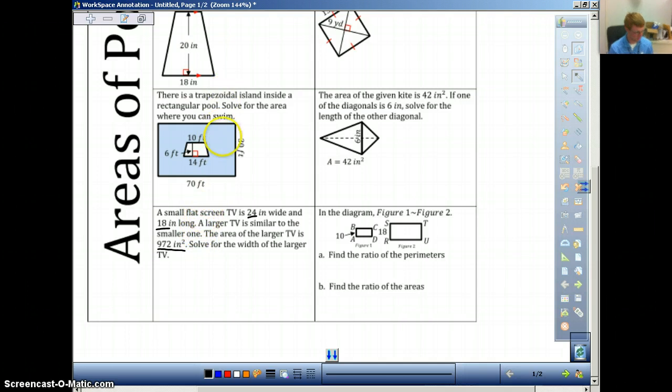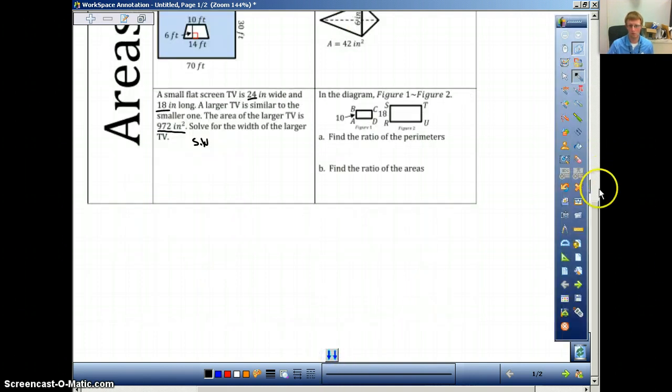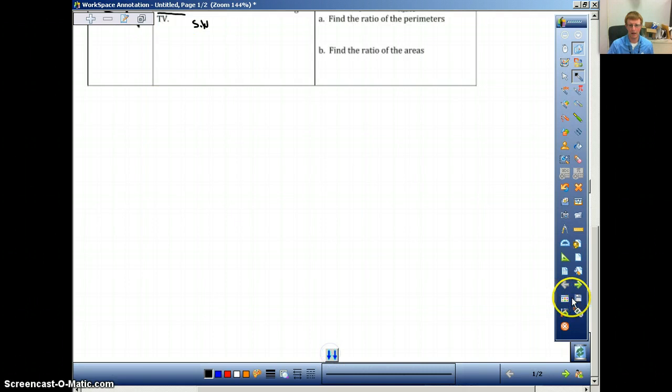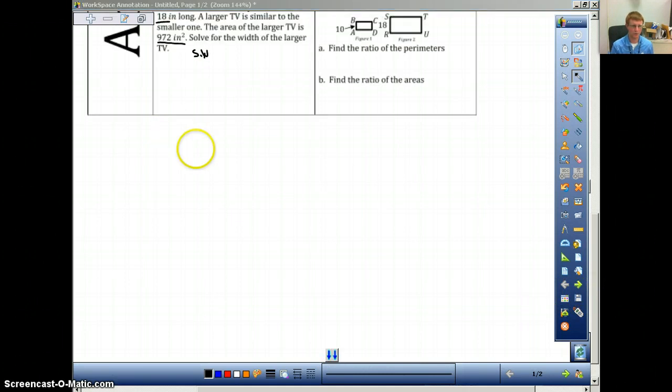So what we're going to do is set this up as our formula shows. Since we're looking for the width, I'm going to say the smaller width is SW, and we're going to call the larger width LW.